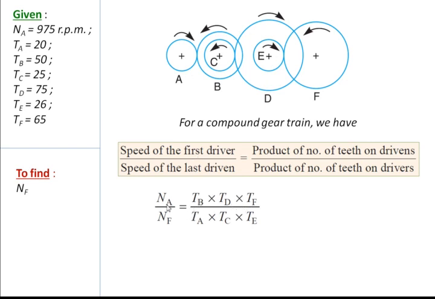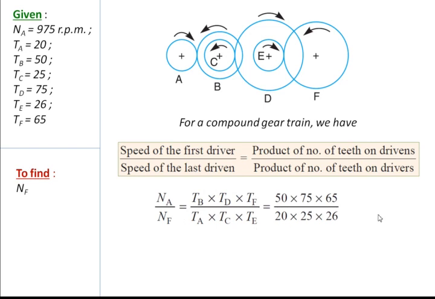So we have the speed ratio as speed of A divided by speed of F, or we can say input upon output speed, equal to the product of the number of teeth on drivens B, D and F divided by product of number of teeth on drivers. And we have all the values for the number of teeth.